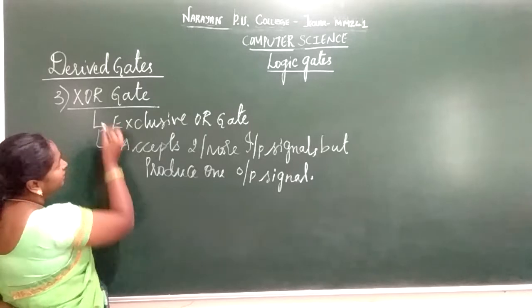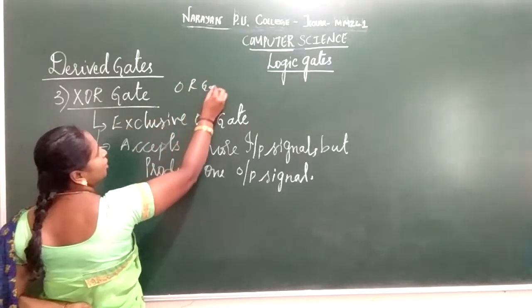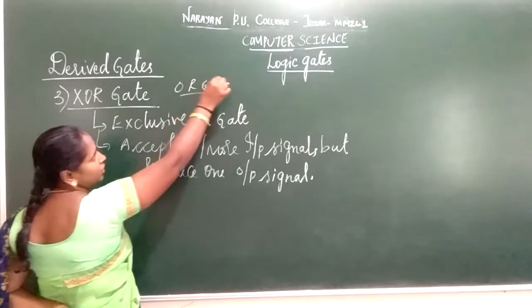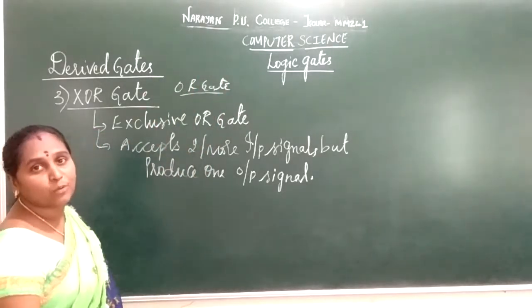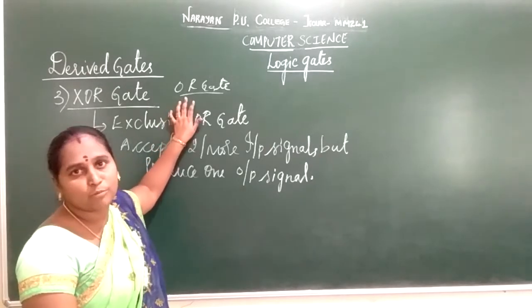See, XOR is different from the OR gate. In the OR gate, as I have already told, the output voltage is 1, that is high, when any one possible combination of the input is high.